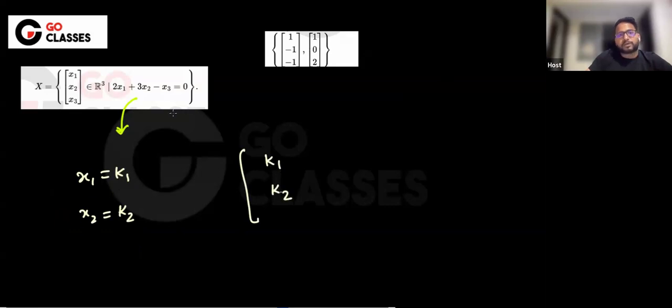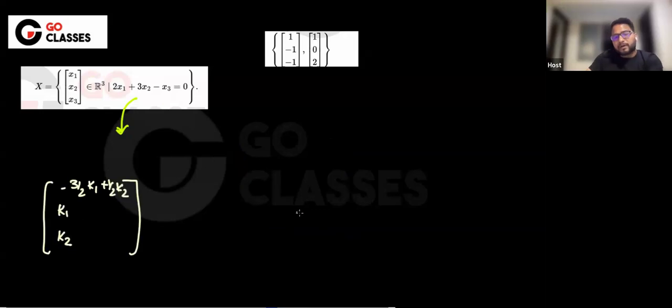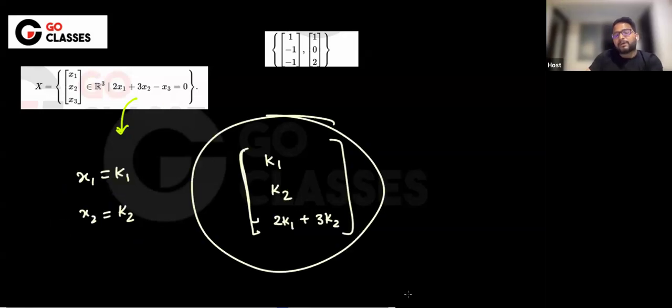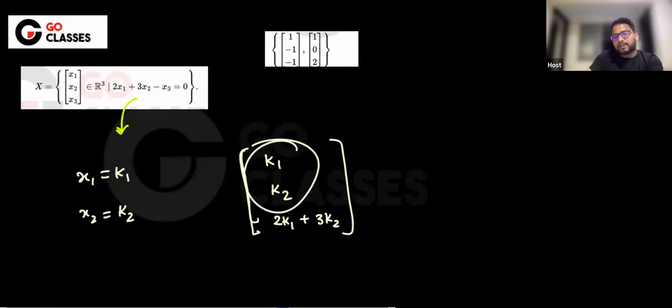These three numbers should satisfy this. Either you write like this or like this, it doesn't matter. But if you are taking these two as free, then this is basically the pivot. I hope that is fine to everyone.